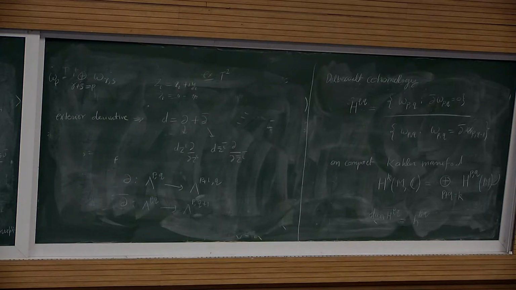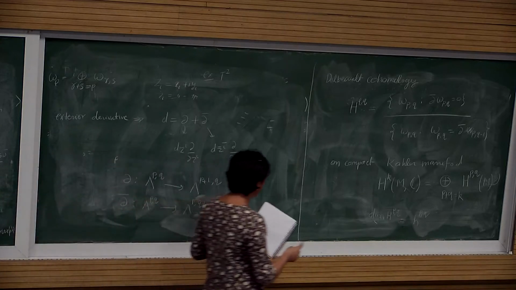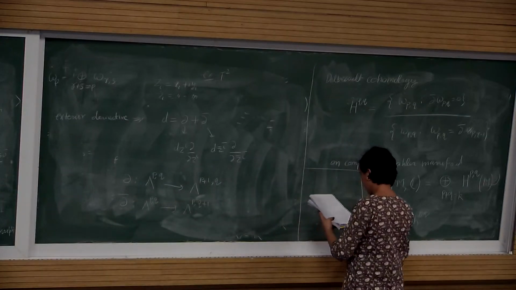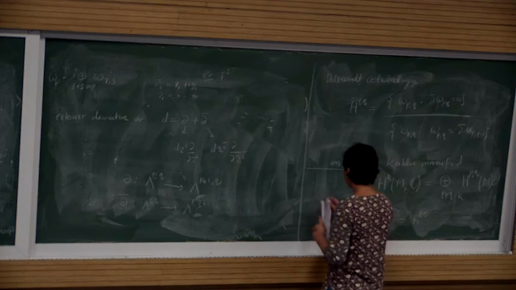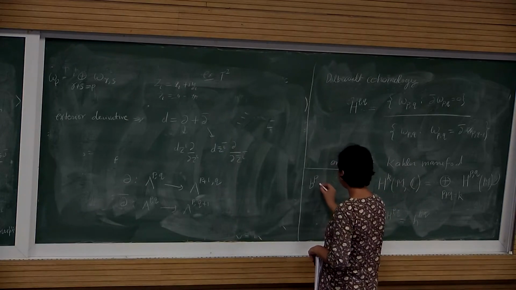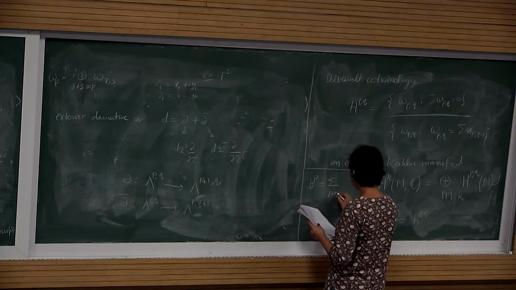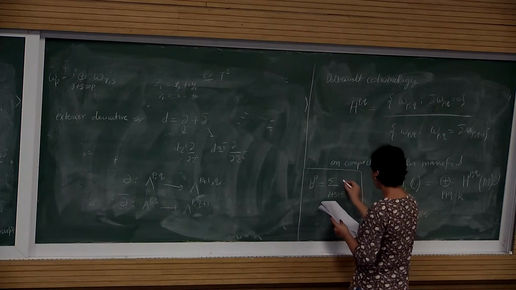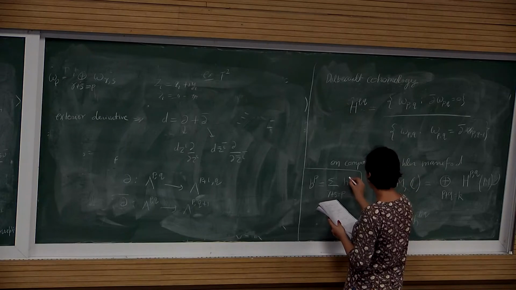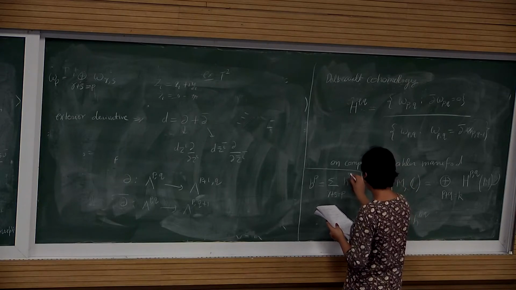So that will be important later. This is the last thing. So in this case B P can be written as the sum over r,s with r plus s equal to P of these Hodge numbers h r,s.